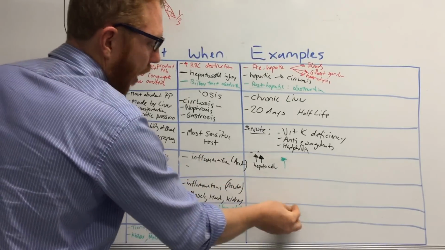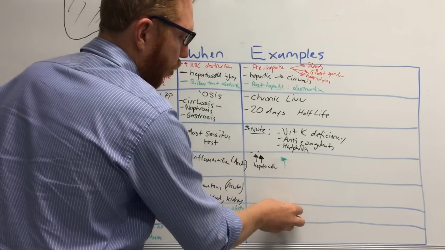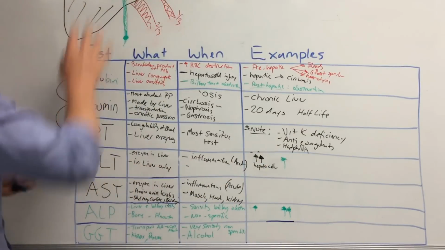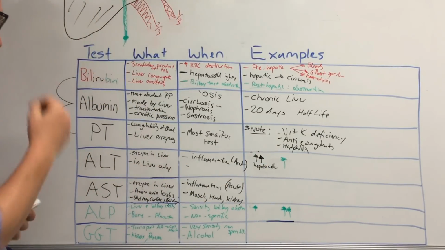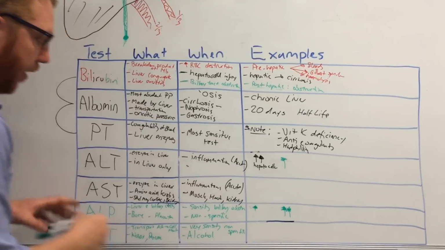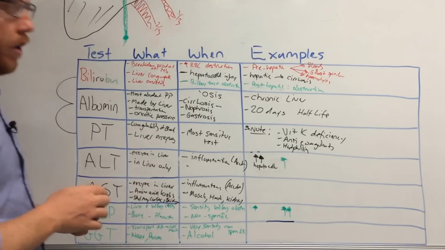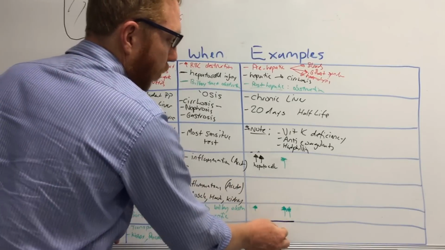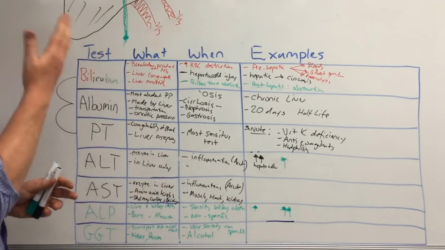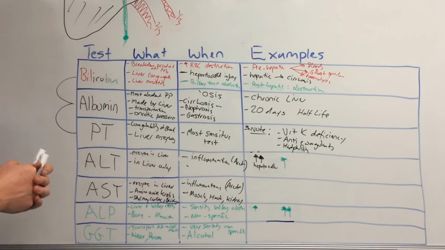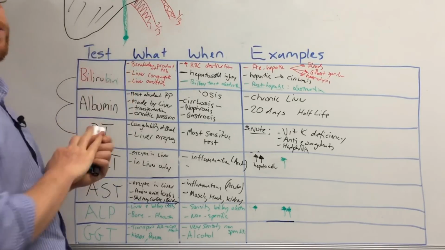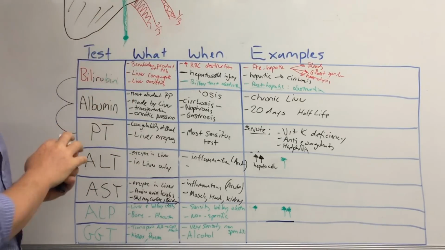But it's causing a higher amount relative to its normal levels compared to the ALT levels. However, because it's non-specific, it's also found in bone and placenta, so you want to run a GGT in response to it. If the GGT is high with it, it's likely to be an obstruction, a hepatobiliary obstruction.